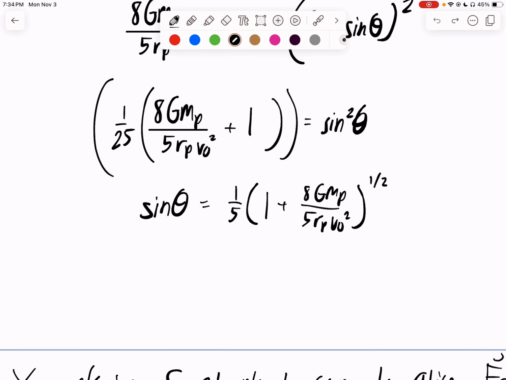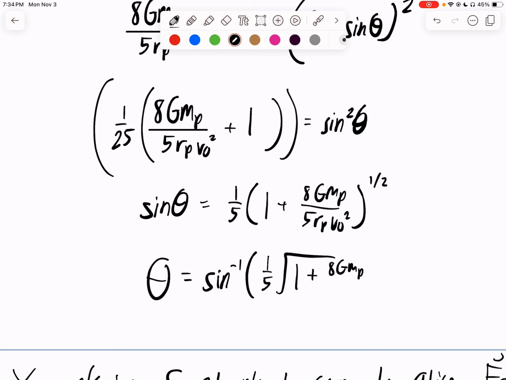Finally, you've got the answer the slideshow should have, if I did my algebra right: theta equals arcsine of 1 over 5 times the square root of 1 plus 8 G M_p over 5 R_p v naught squared.